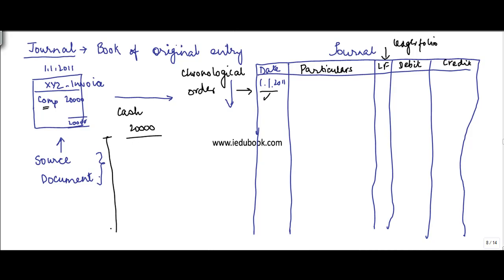In one of the previous videos, you've learned about the rules of debit and credit for assets, expenses, losses, liabilities, and capital, right? So what are the two accounts which are affected? One is the computer account, and the other is the cash account.